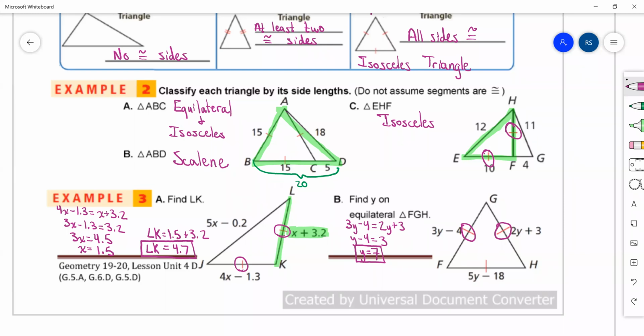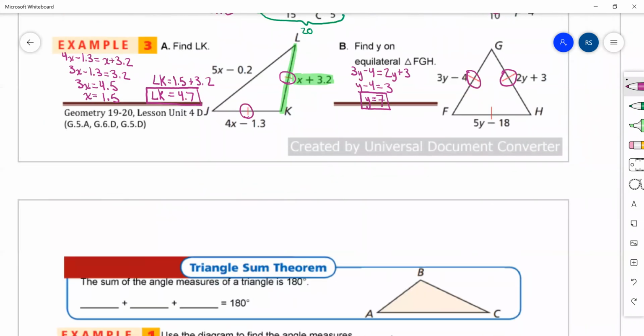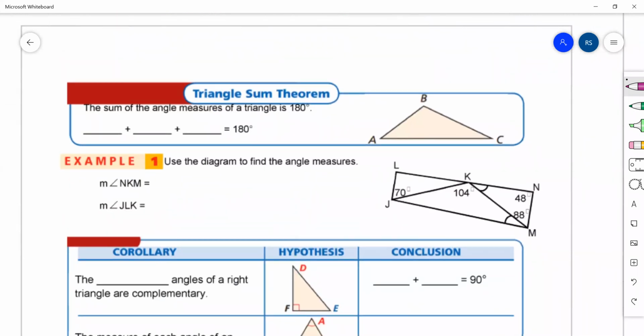Okay, so that's the front of the notes. Now let's flip over to the back. On the back, we have the triangle sum theorem. Essentially, all it says is that if you add up all the angles, you'll get 180.